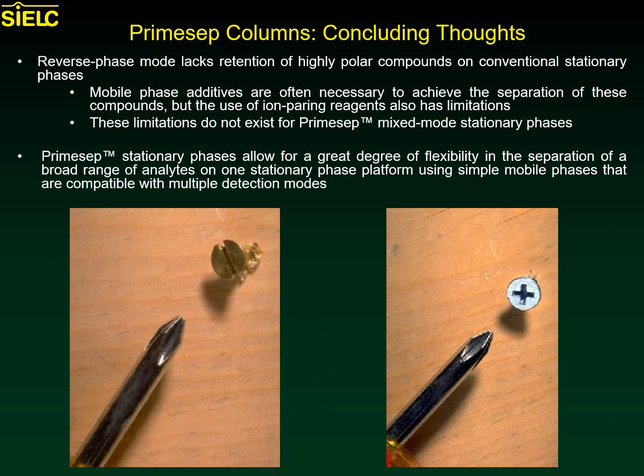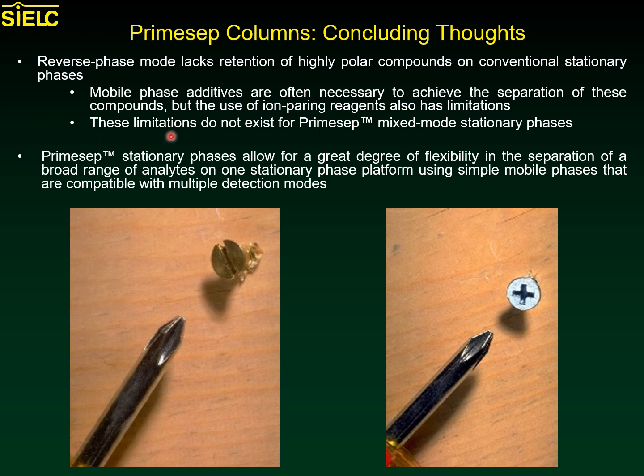And so, in summary, reverse phase mode chromatography lacks retention of highly polar compounds on conventional stationary phases. This could be overcome by adding different additives to the mobile phase itself, but this introduces its own complexities both in the form of reagent choice as well as column use.